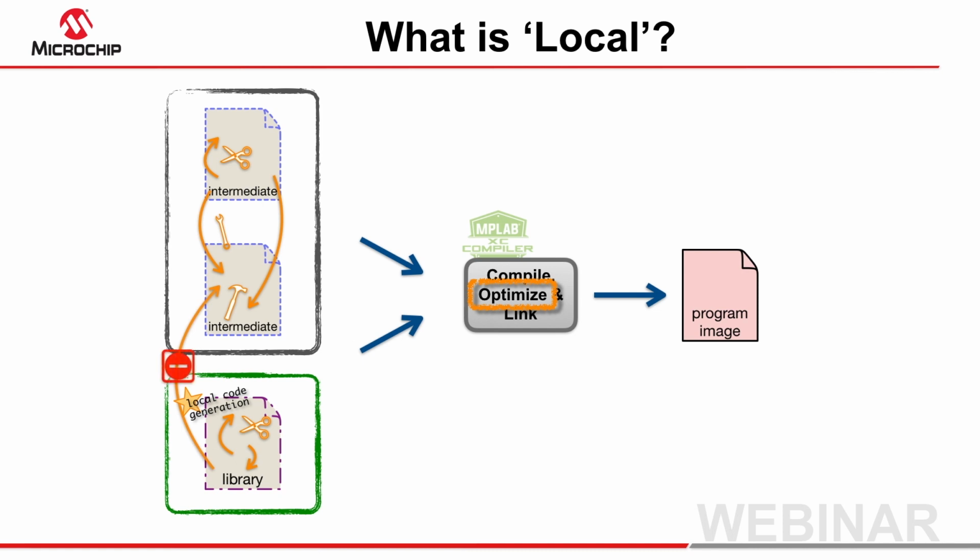Therefore, if the same library is compiled in a different project, the same optimizations will be applied to the library, even though the rest of the project might be optimized differently. In this way, optimizations are only performed local to a group, not across groups.